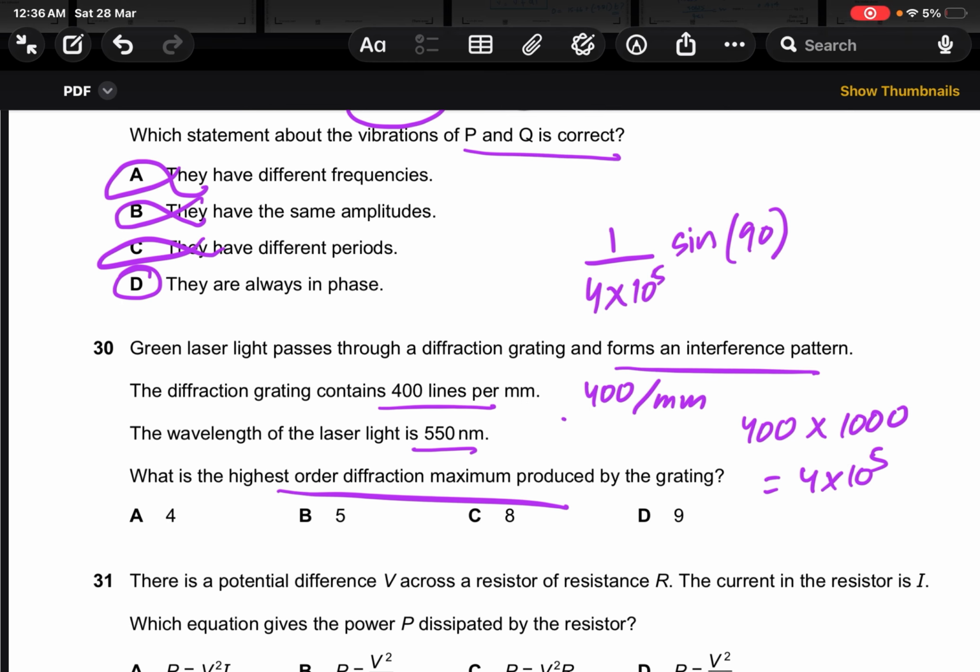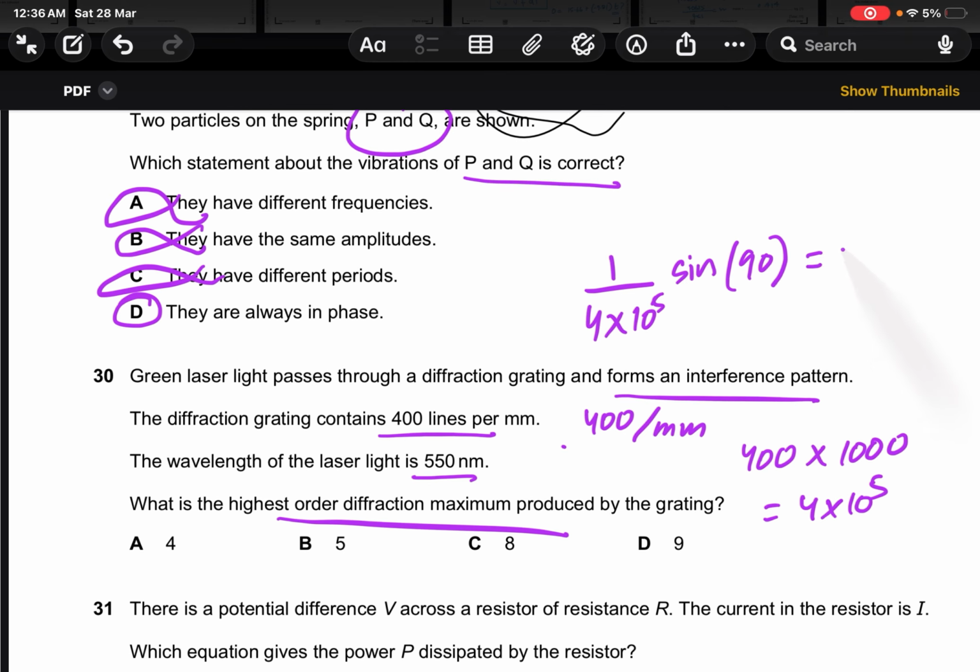So d sine theta equals n lambda. n you don't know, you have to find. Lambda is 550 into 10 raised to power negative 9. Okay, so 1 upon 4 into 10 raised to power 5 sine 90. Sine 90, even if you don't write it, because it's equal to 1, but still let's do it.